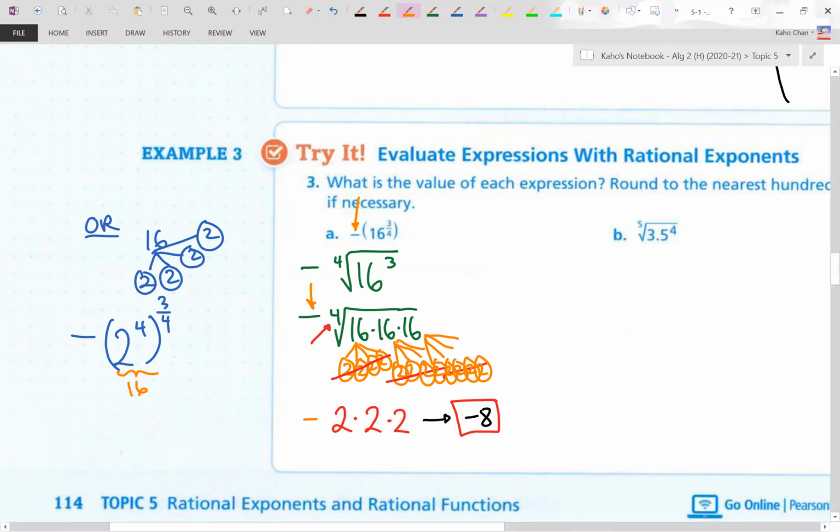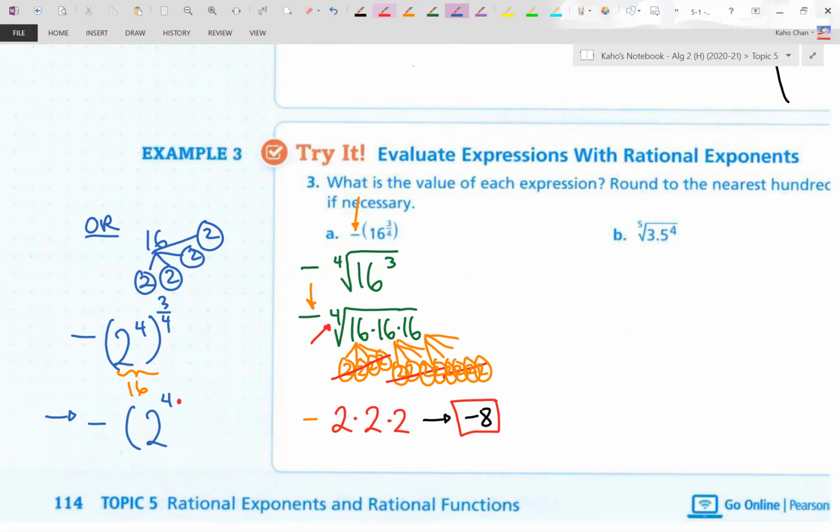Oh, this is interesting. We have 2 to the 4th to the 3/4 power, the rule is to multiply. 2 to the 4 multiply with the other power 3/4. You guys know how to multiply fractions, right?